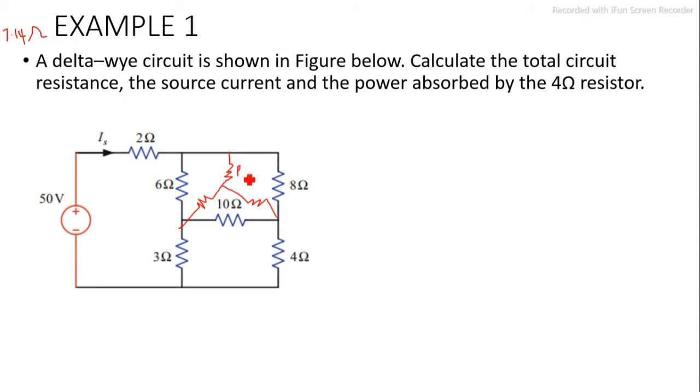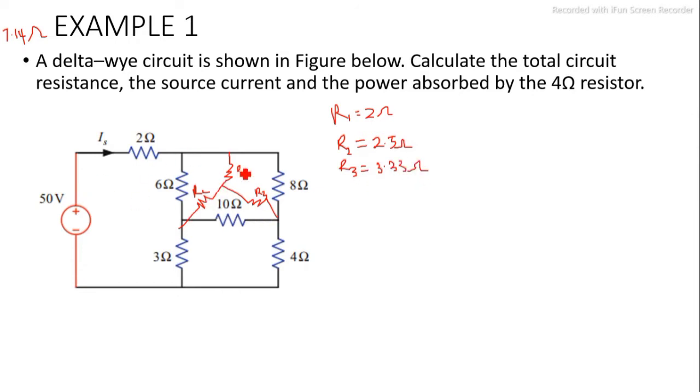This is our R1, R2, R3. You don't need to calculate R1, R2 and R3 again. You've already got them. Your R1 is 2 ohms. Your R2, if you remember, is 2.5 ohms. Your R3 is 10 over 3, that's 3.33. You have this already. It doesn't change.